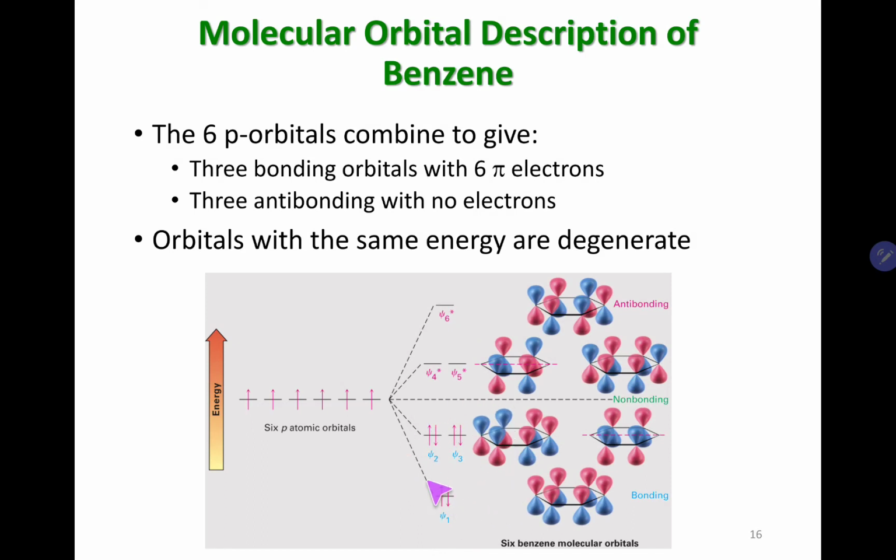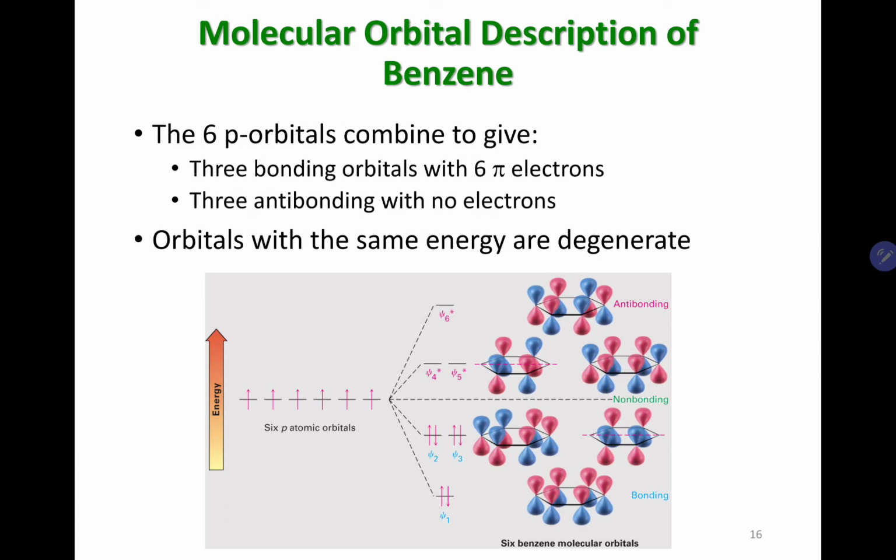So the 3 bonding orbitals will contain all 6 pi electrons, and the anti-bonding orbitals will not have any pi electrons. All right, so this is the molecular orbital diagram for benzene, and it also shows you the stability of benzene.